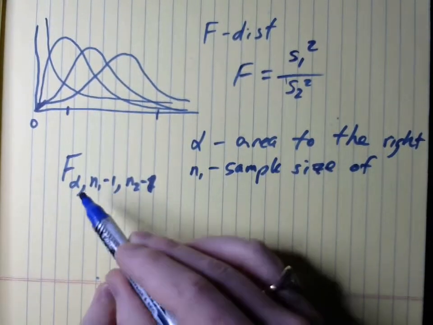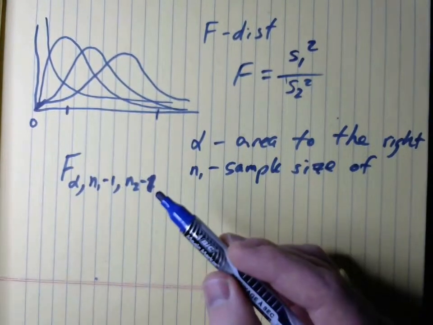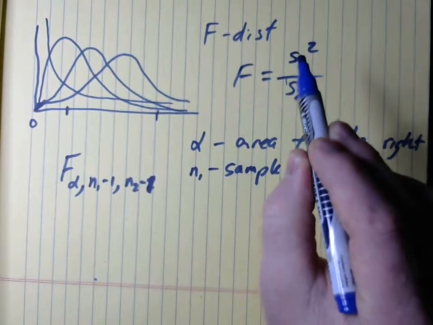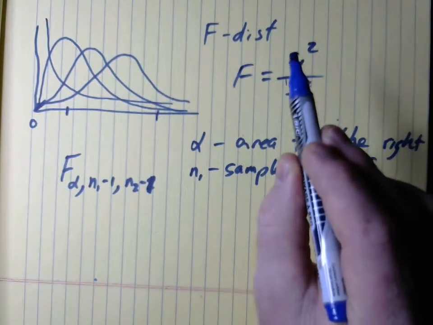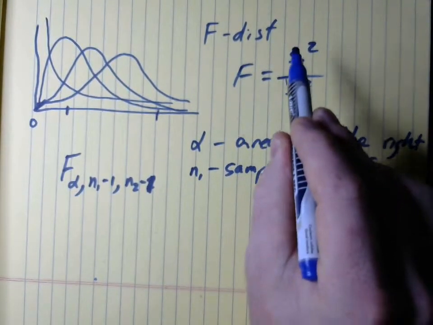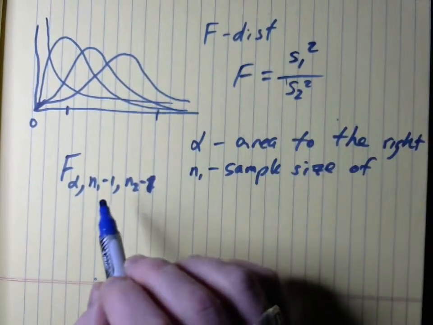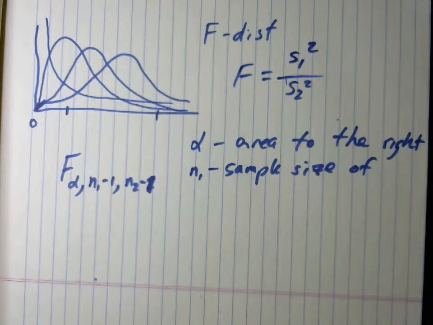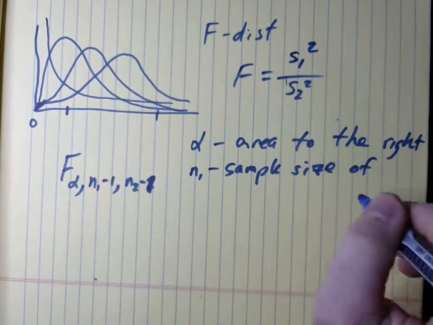The F table actually says numerator and denominator, so you have to keep track of which one you put where. Which population are you taking the sample from, the 1 or 2? Being on the numerator or denominator respectively will tell you which one goes where. You'll keep track, and that will actually make a difference in what F value you get.